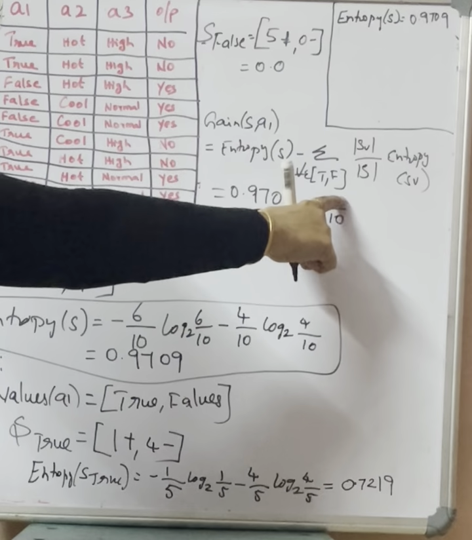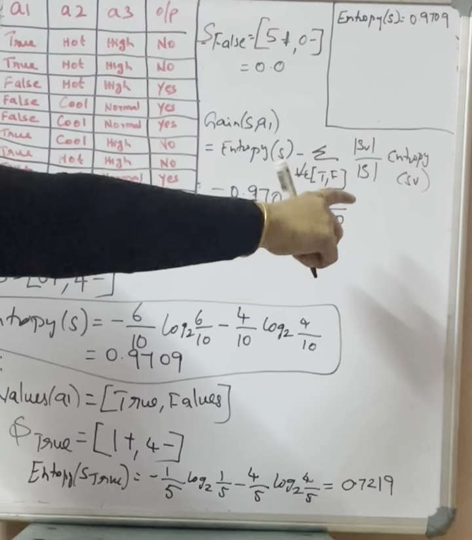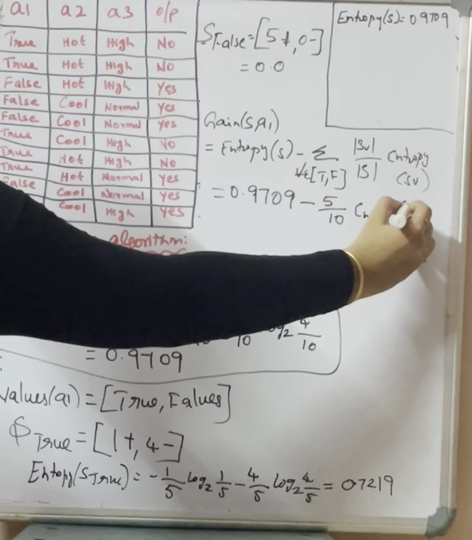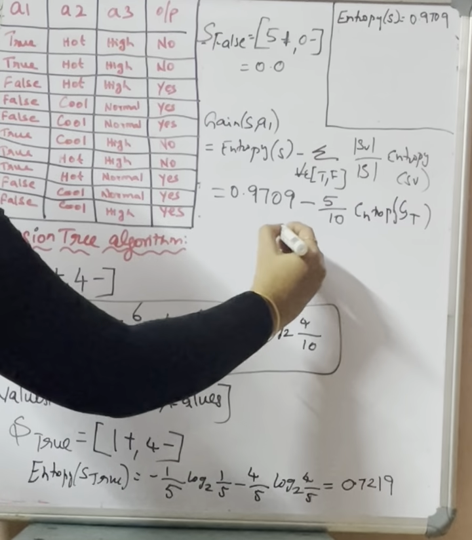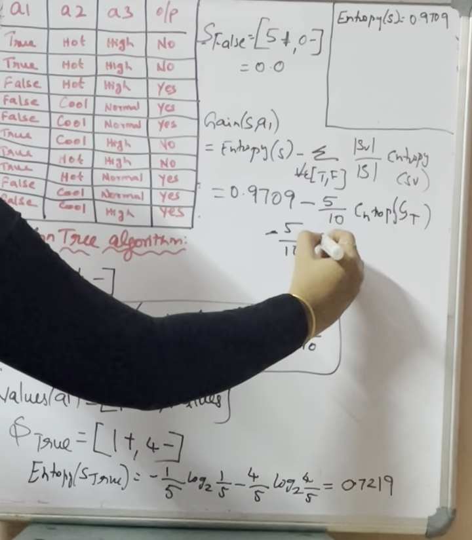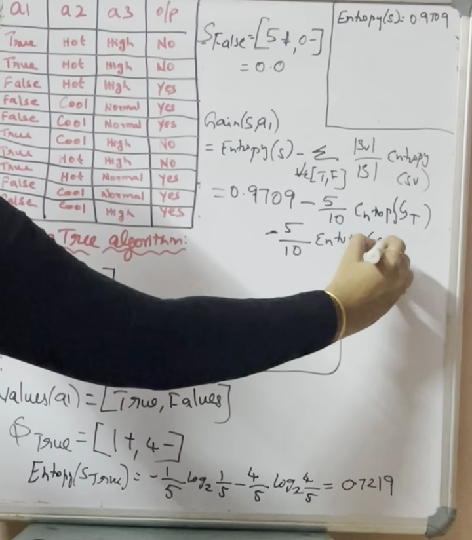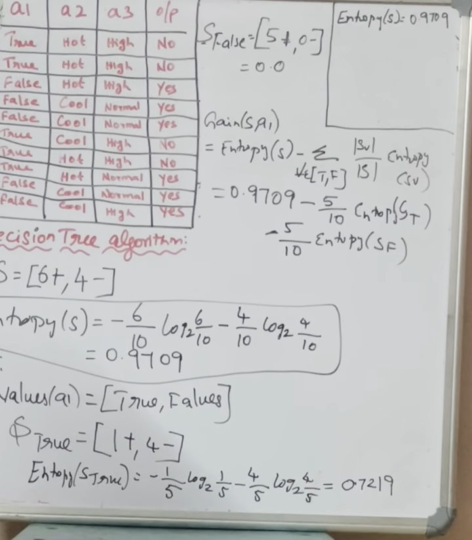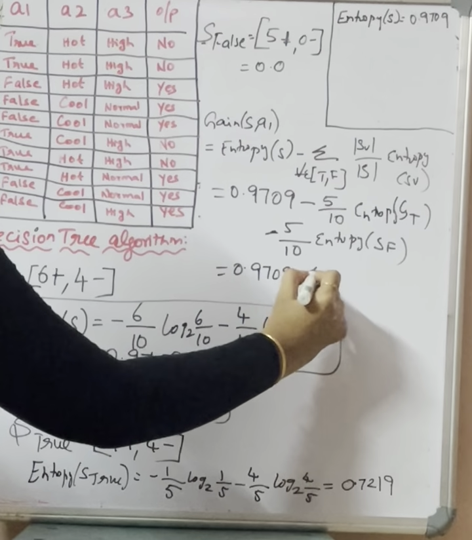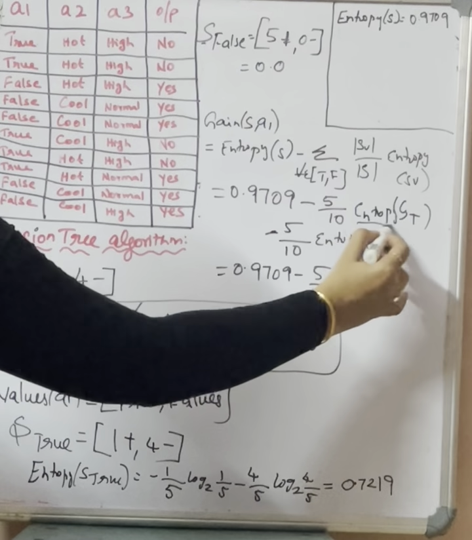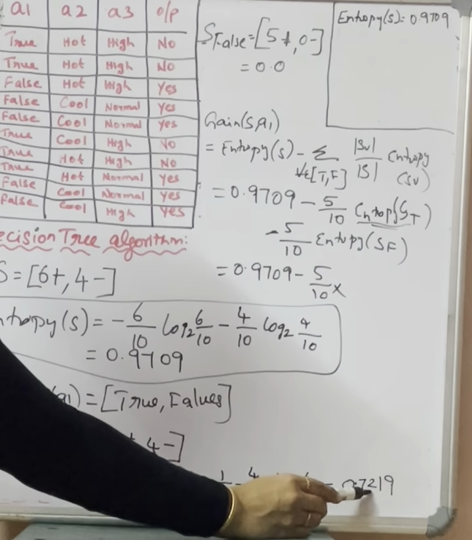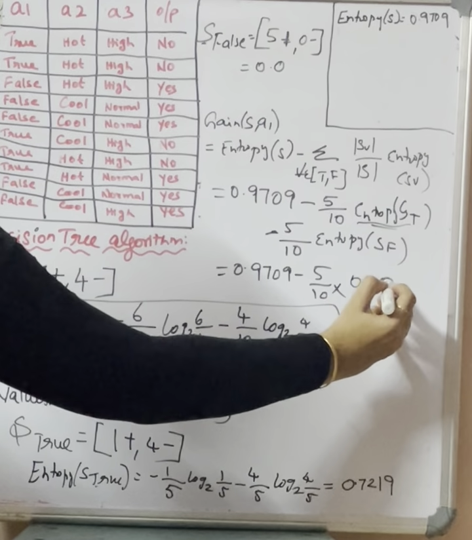Among that, 5 are positively contributing, right? So 5 divided by 10, and what is the entropy of S true? Minus 5 divided by 10, that is negatively contributing, for the entropy of S false. Now calculating this: 0.9709 minus 5 divided by 10 into the entropy of S true, which we have calculated here, 0.7219.